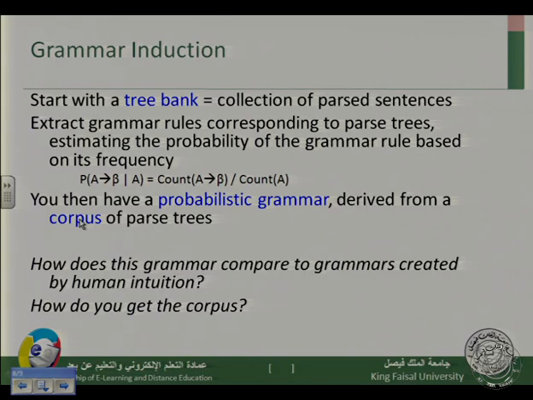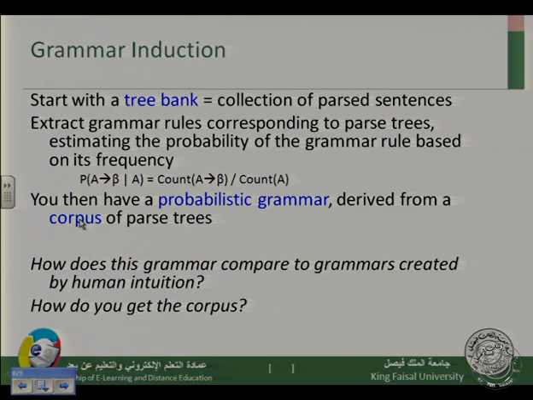Probabilistic grammar is what is derived from a corpus, and we calculate some frequencies and probabilities of these rules. So we call it probabilistic grammar. How does this grammar compare to grammars created by human intuition? And how do you get the corpus? Two important questions. Let's start with the second one.